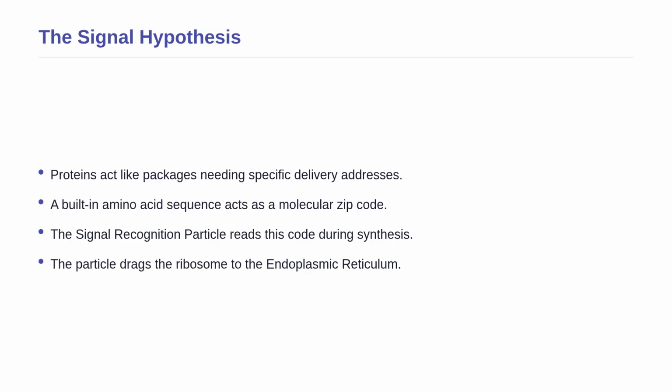Every newly built protein has a built-in molecular zip code called a signal sequence. As the protein is being made, a cellular postman, known as the signal recognition particle, binds to this sequence. It temporarily halts production and drags the entire complex to the endoplasmic reticulum, ensuring the protein is safely threaded inside.